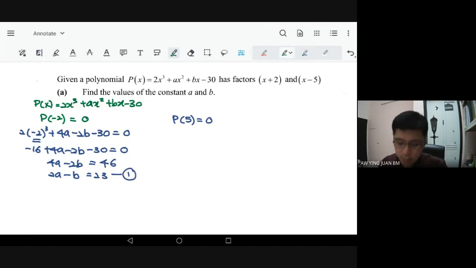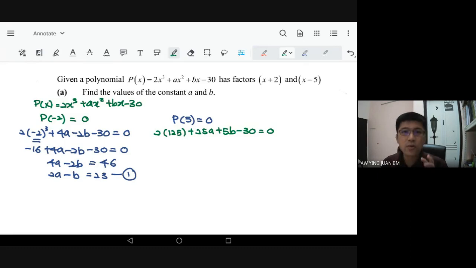Focus on the right hand side. If we substitute 5, so 2 multiplied with 5 to the power of 3. So we will have 125 plus 25a plus 5b minus 30 equals to 0. So make use of the calculator. 125 multiplied with the 2 and then minus the 30.